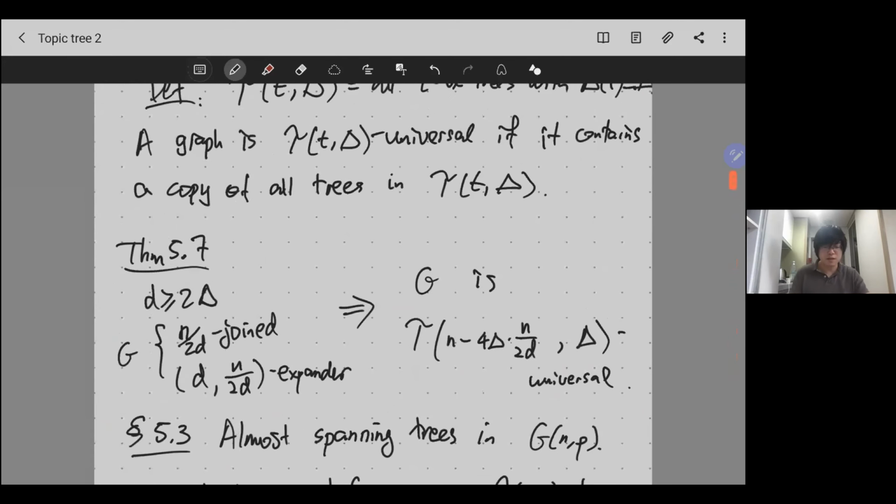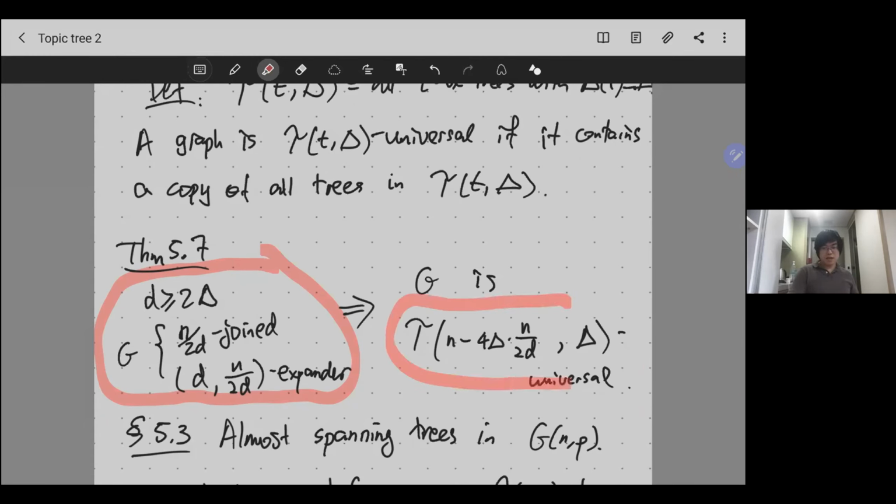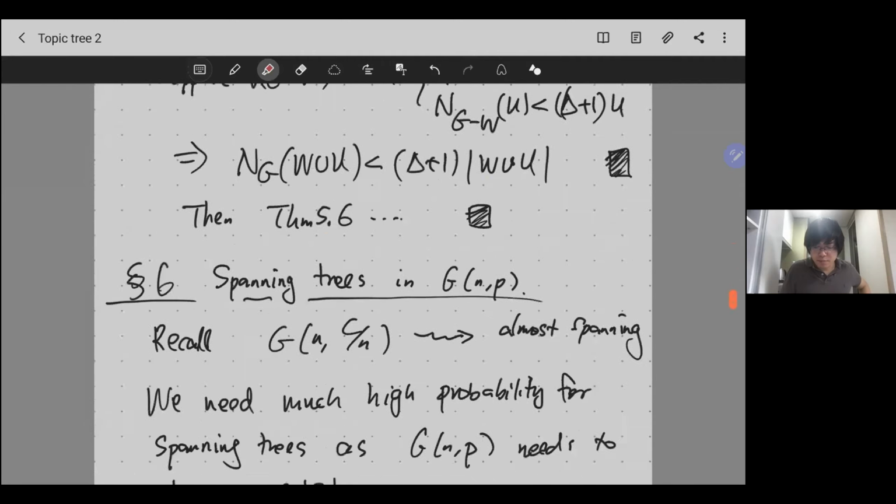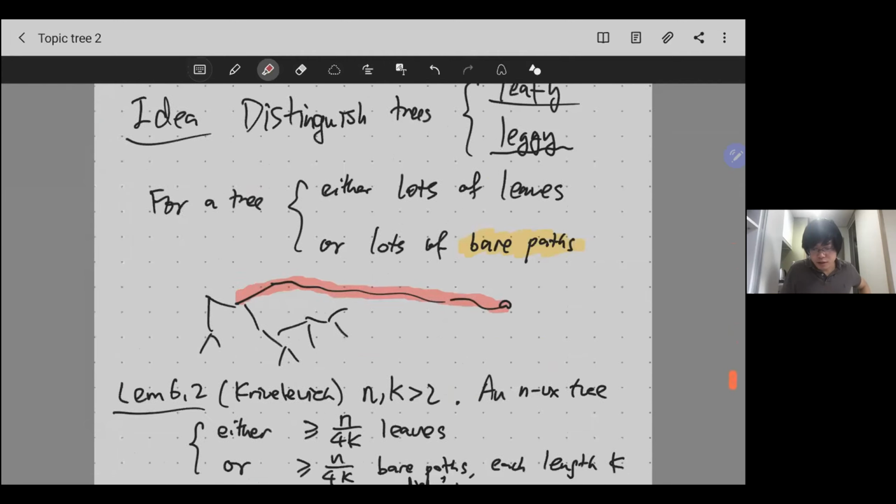It says that if we have some large set connectivity and some expansion property for small sets, then you contain trees up to size almost spanning. Then we can use 5.7 to easily embed the majority part T prime.